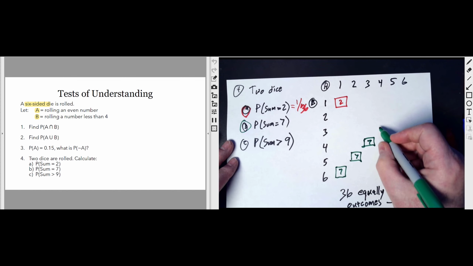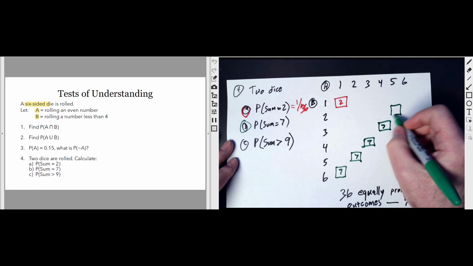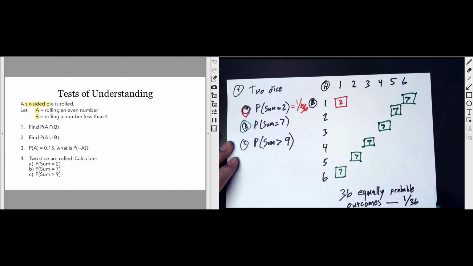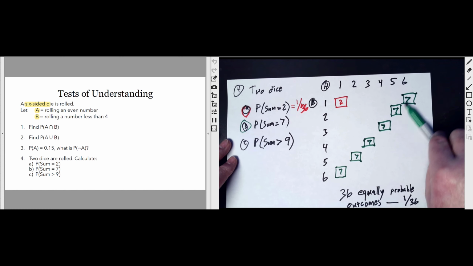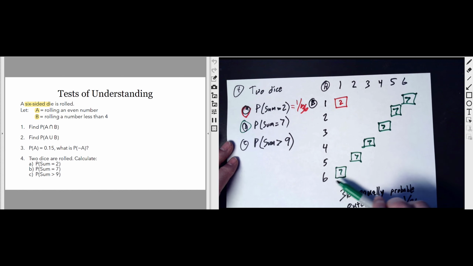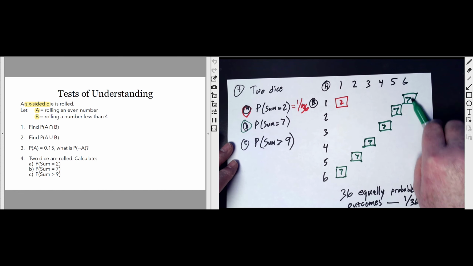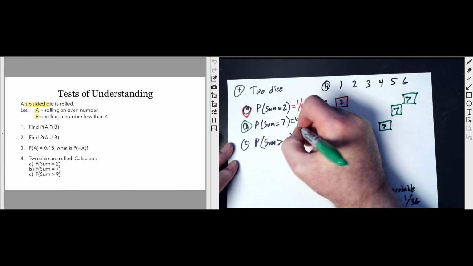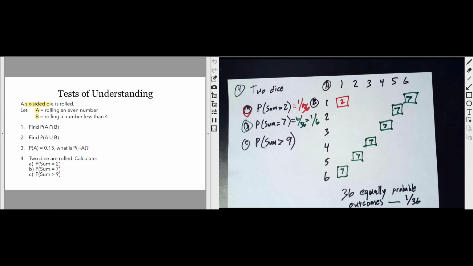If A is a 4, B has to be a 3. 5 and 2. 6 and 1. Okay, and that's it. So there are 6 possible outcomes that satisfy that event description. And because each of the outcomes is equally likely to occur, this probability is therefore 6 out of 36, or 1 out of 6, that we roll a 7.